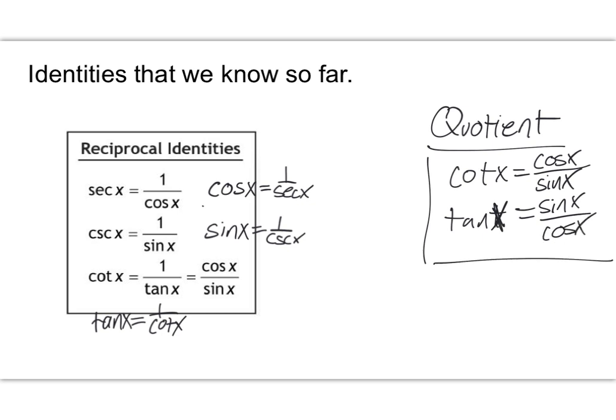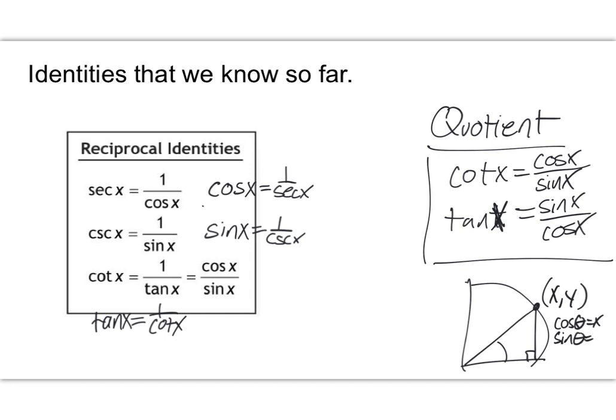And I'd like you to just recall that if we have an angle in a unit circle, we've got the coordinates x comma y, that in this situation, we said that cosine of theta is equal to x, sine of theta is equal to y, and we said that tangent of theta, which is the opposite divided by the adjacent, would be y over x.